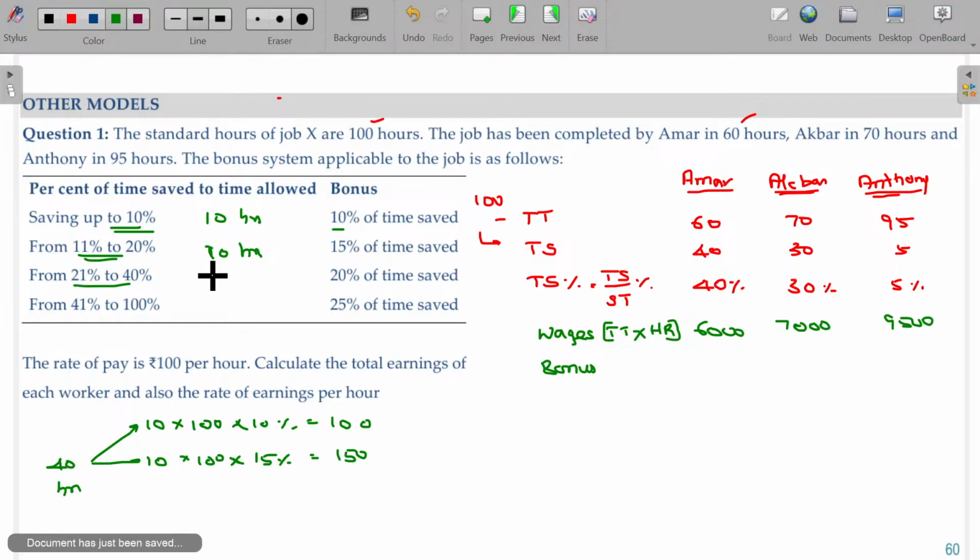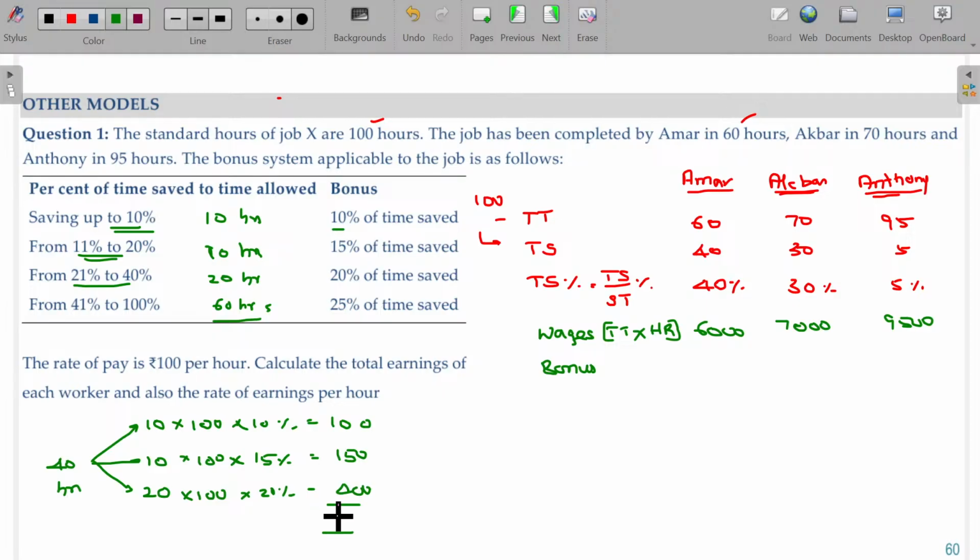Thereafter, from 20 to 40, another 20 hours of time saved falling in this range will be eligible for 20%. Beyond that, whatever the balance is, 25% incentive will be given. So here, another 20 hours is there. At the rate of 100, 2,000 into 20% will be the bonus here, 400. The overall value offered as a bonus in this case being 650.